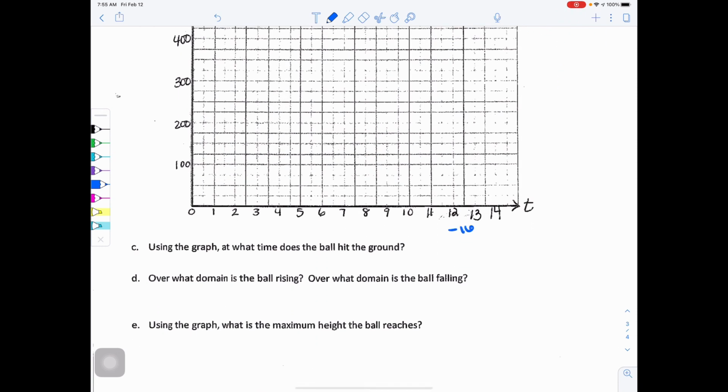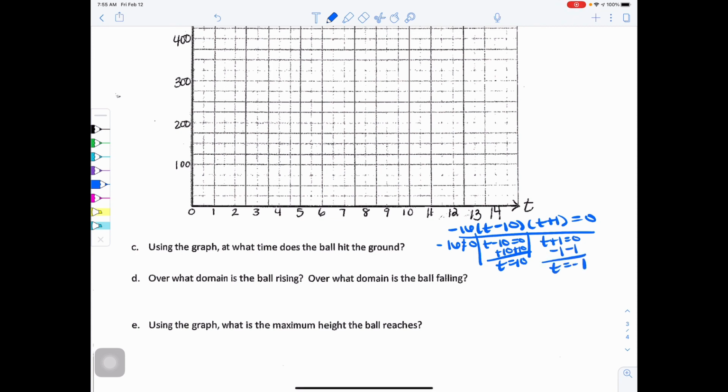We're going to do negative 16 times t minus 10 times t plus 1 equals 0. We get negative 16 equals 0, which we know we cannot have, so we're going to slash that equal sign. We have t minus 10 equals 0, where we're going to add 10 to both sides and get t equals 10. And then t plus 1 equals 0. We're going to subtract 1 and get t equals negative 1.